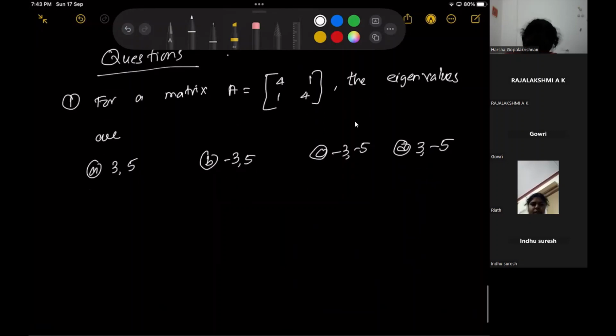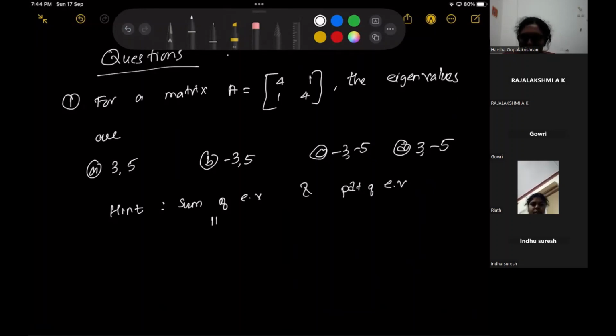Okay, I will give one hint: the sum of eigenvalues and the product of eigenvalues. What is the sum of eigenvalues? Yes, option A is the correct answer. The very quick way to answer this is to check the sum and the product of the eigenvalues.